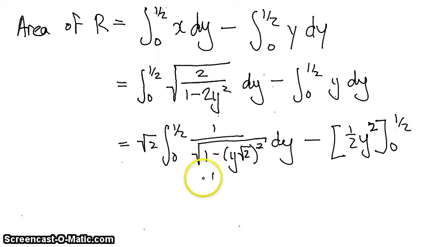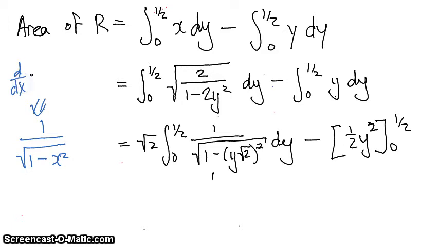But let's look at this one first. Where have I seen this form before? Where have I seen something in the form 1 over the square root of 1 take something squared, right? And this integral, well, we know this to be the derivative of sine inverse of x, right? And actually, if you think about it, we've already got this root 2 here, which is the derivative of this, which means that was going to pop out anyway.